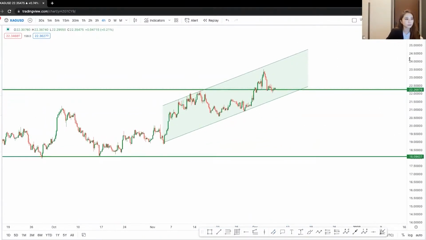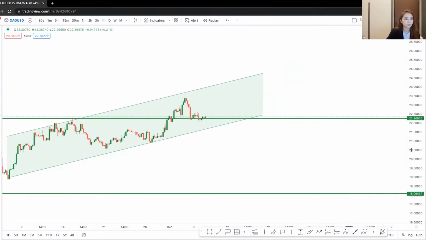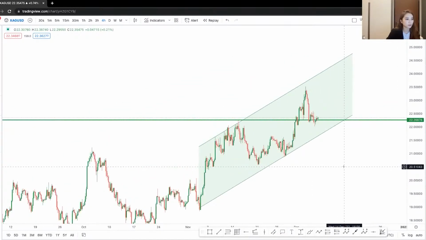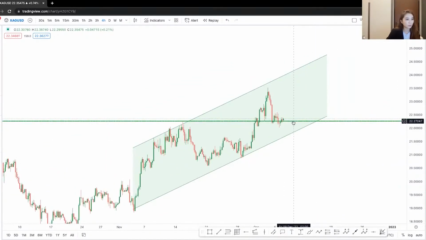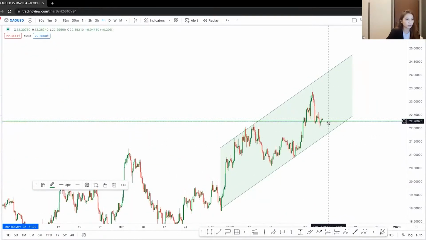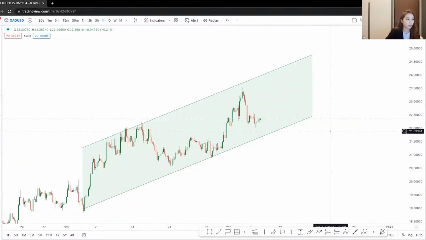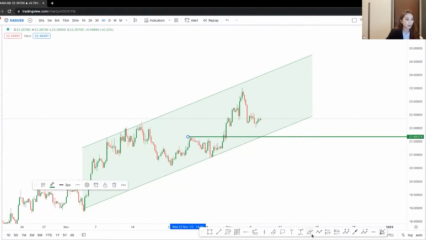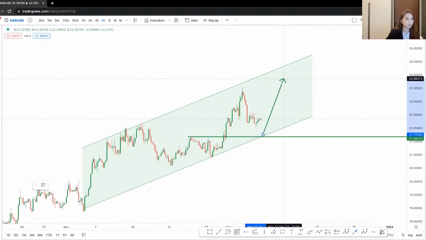Yeah. So in my viewpoint, I would choose to remove this. I am seeing another level over here instead, seeing an upward movement bounce off.